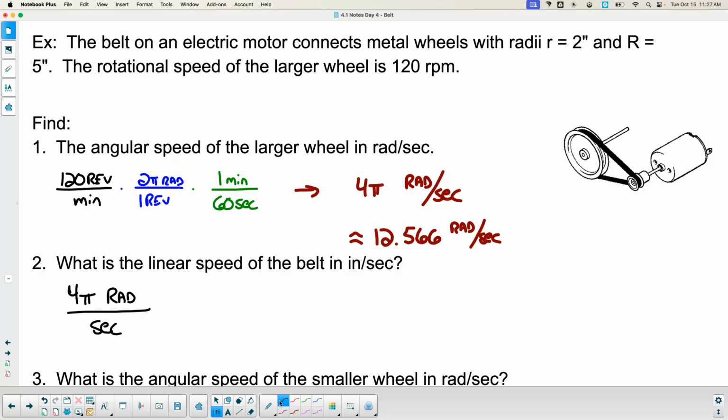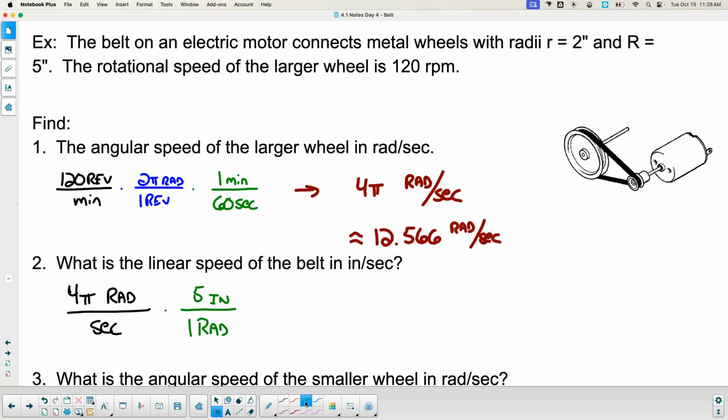Now, are we on the larger or are we on the smaller pulley? We're on the large one, so that means I'm using the 5-inch radius, because that's the radius of the larger one.